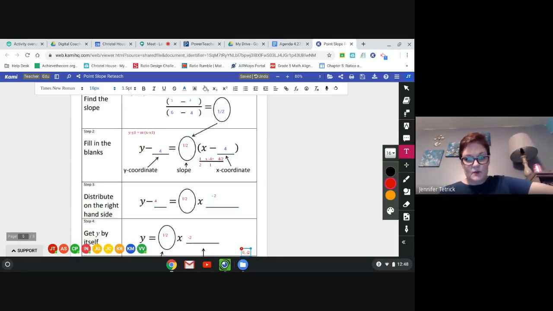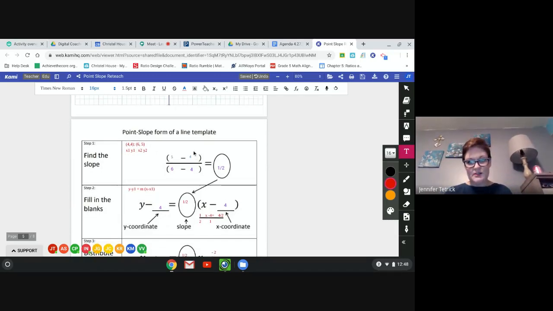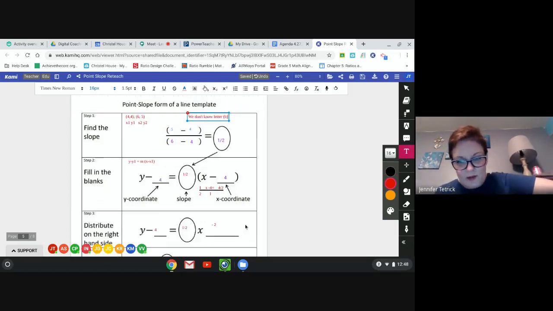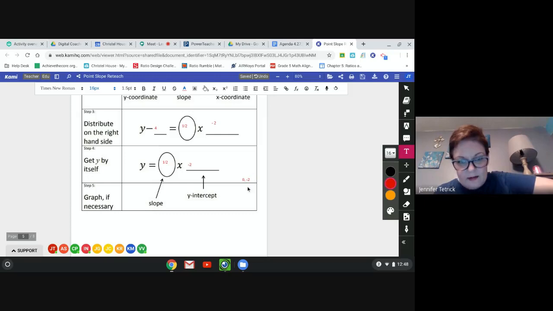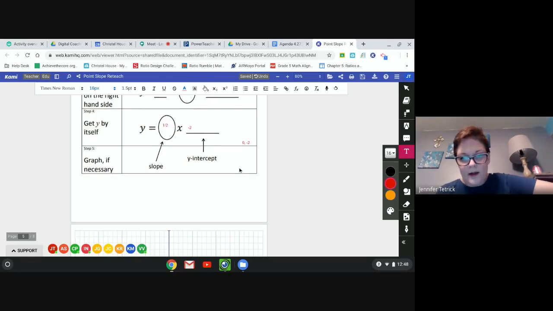So when given 2 points, we don't know B. In this situation, we don't know letter B. The whole point of using point slope form is to find letter B. We did that. So now, remember my rise is 1 and over 2, or 1/2.